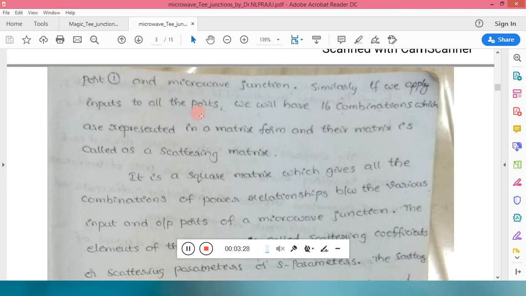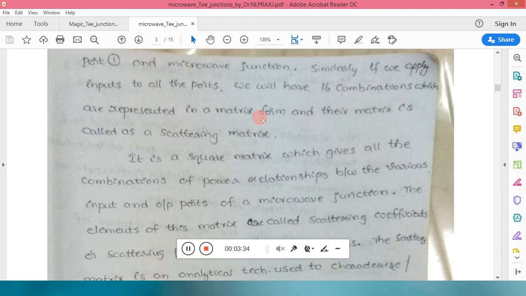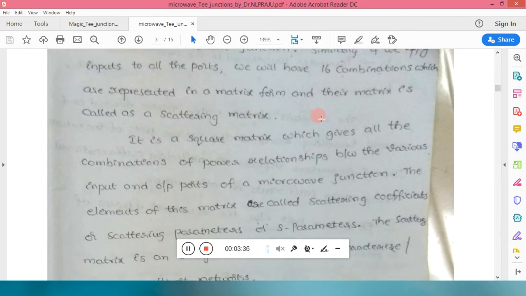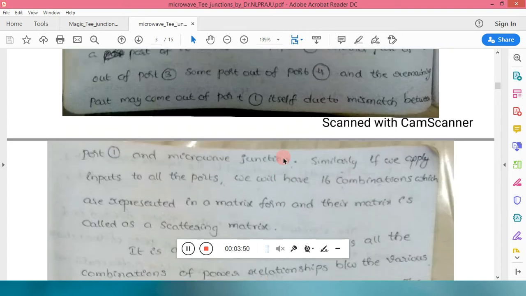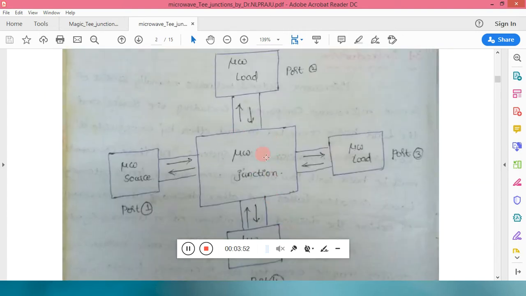Similarly, if you apply inputs at all other ports, we get 16 combinations. These are represented in matrix form. This matrix is called the scattering matrix. It is a square matrix which gives all the combinations of power relations between various input and output ports at microwave junctions. This junction has four ports, so we can apply input at port 1, 2, 3 or 4.